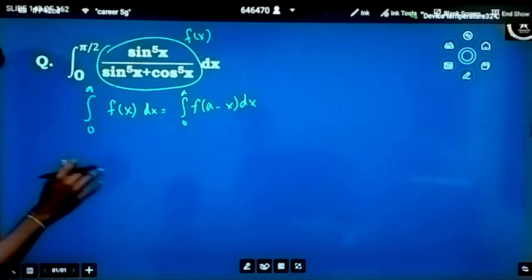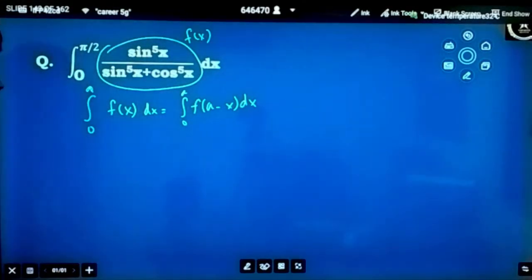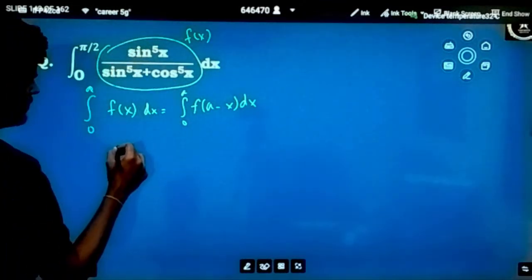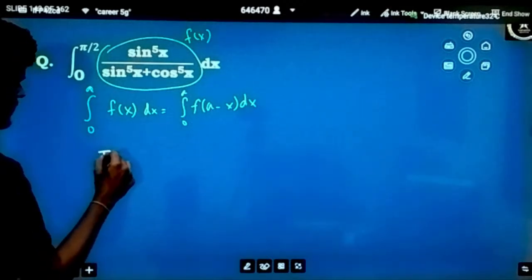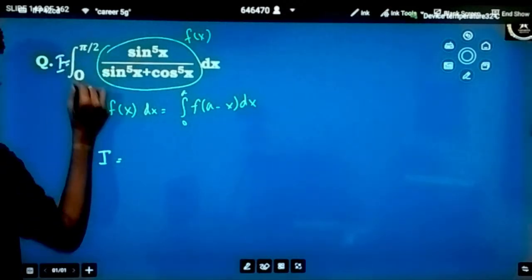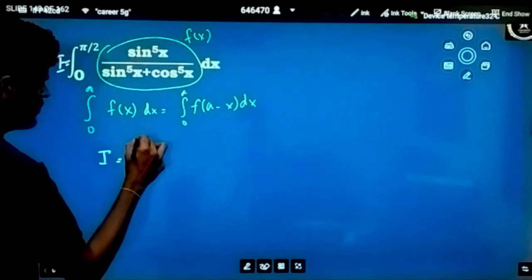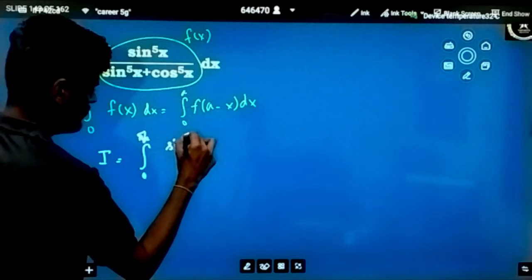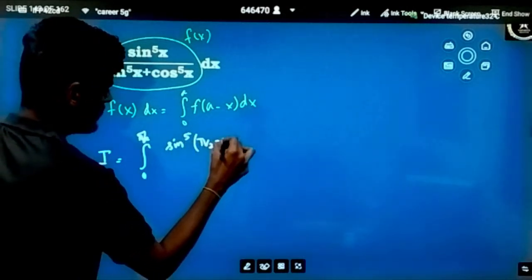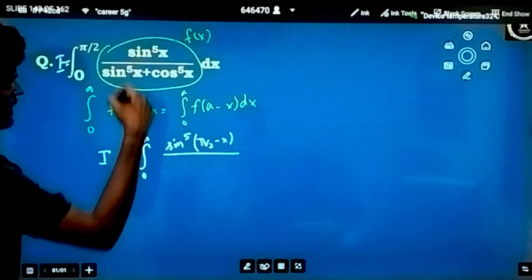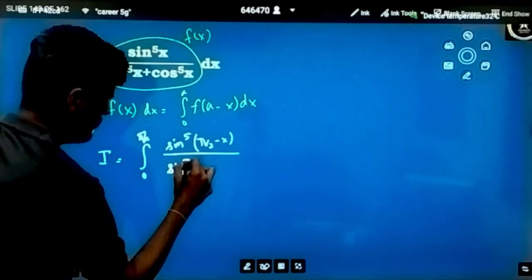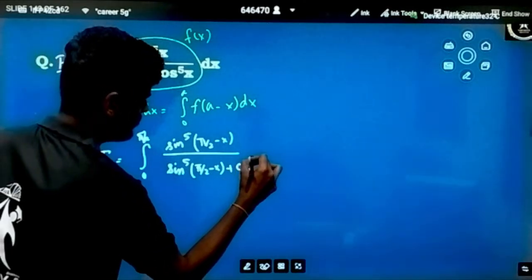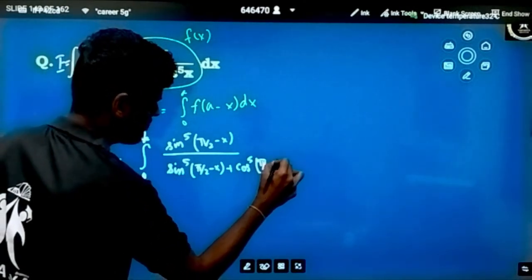Now let's see the proof for this first case, and after this we can do it by just observation itself. It is very easy. First we use this property. If this is I, then I is equal to the integral from 0 to pi by 2 of sin power 5 of (pi by 2 minus x), divided by sin power 5 of (pi by 2 minus x) plus cos power 5 of (pi by 2 minus x).